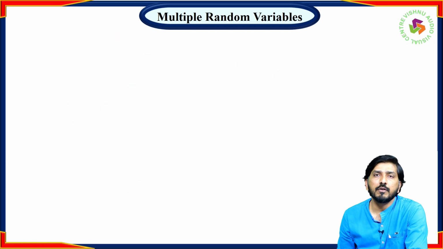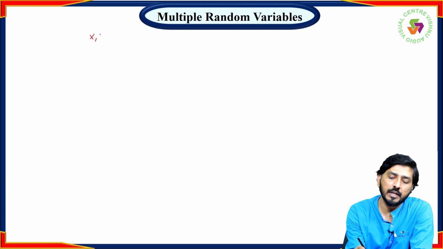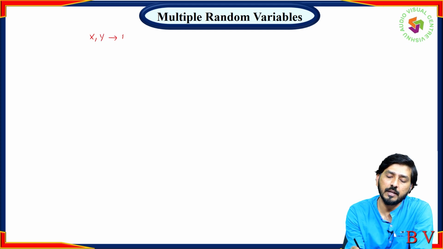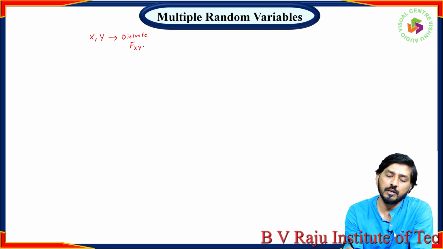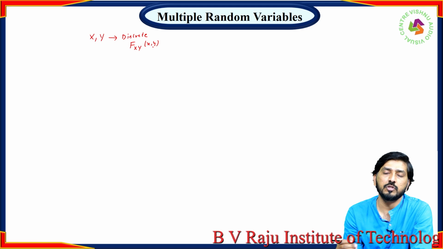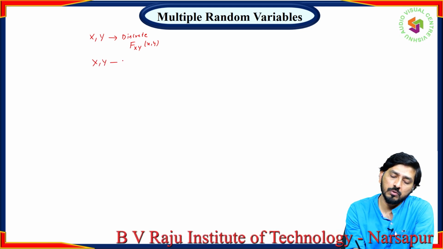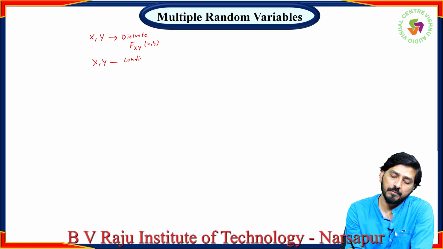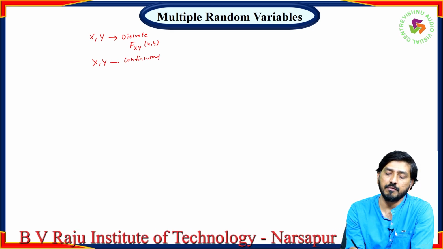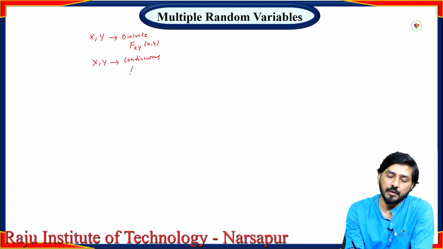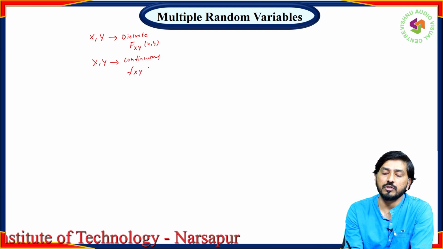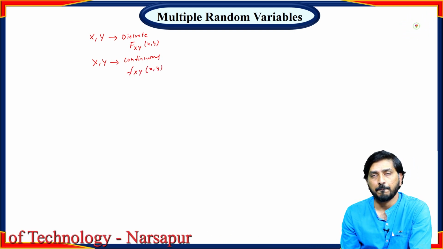Similarly, what we have seen, x and y belong to the category of discrete random variables. We have gone for obtaining the behavior using the distribution function, the joint distribution function. If x and y belong to continuous random variables, then the behavior is obtained using the joint density function.